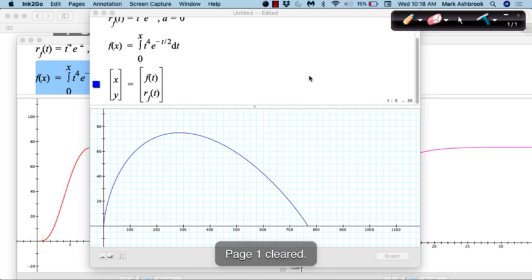So we're telling GC to graph this parametrically. As t varies, we're going to plot x coordinate as volume and y coordinate as rate. And it gave us all those points.